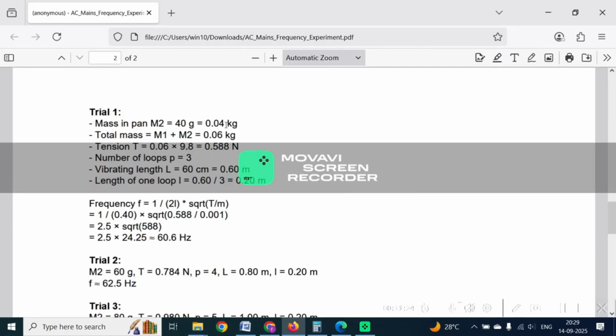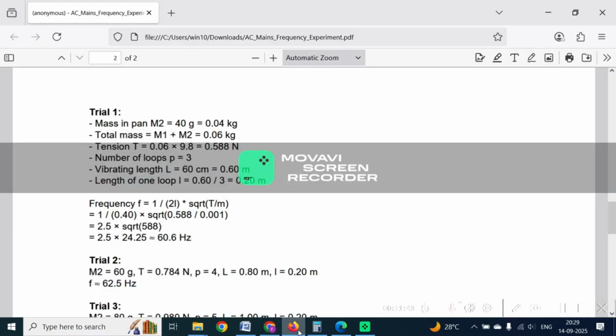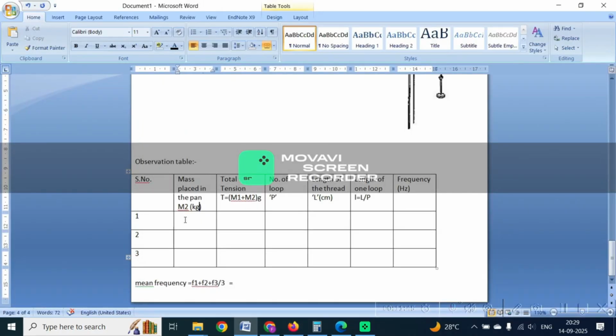M2 is our 0.04 kg. So we are putting all the values in kg, so we have to mention the unit also. See, kg. So 0.04 kg we are going to put here.